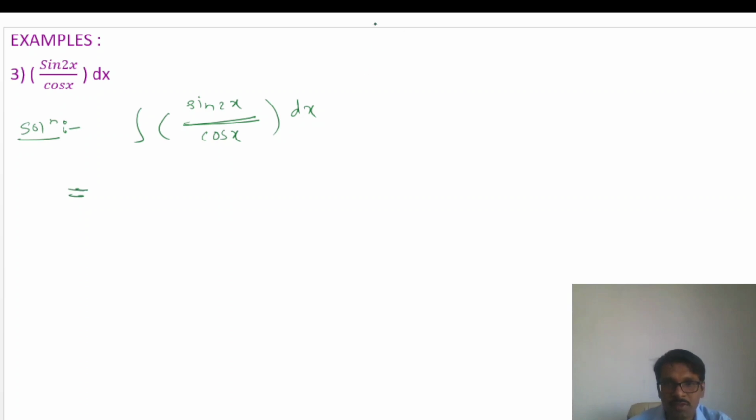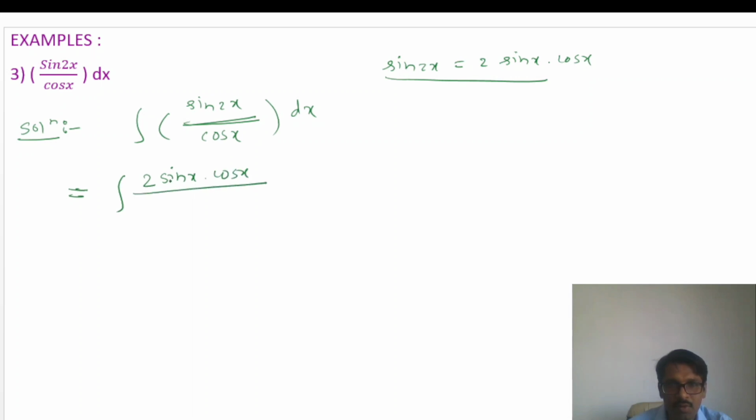We know the trigonometric formula of sin 2x, which is 2 sin x into cos x. Using this formula, we find this integration. Sin 2x is 2 sin x into cos x upon cos x, with respect to x.